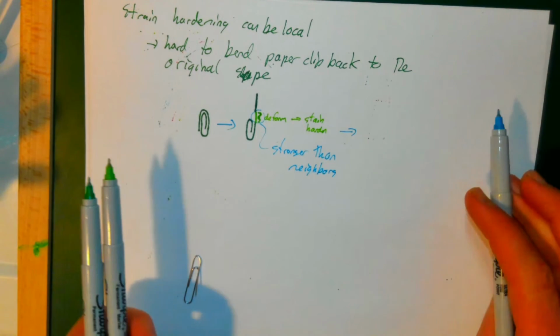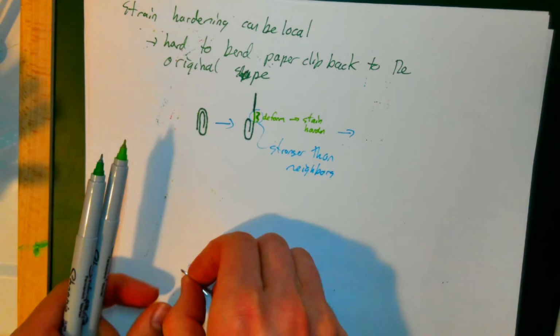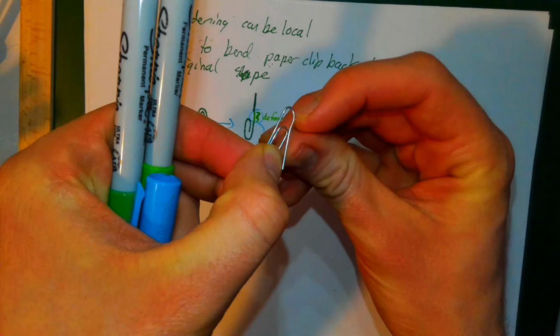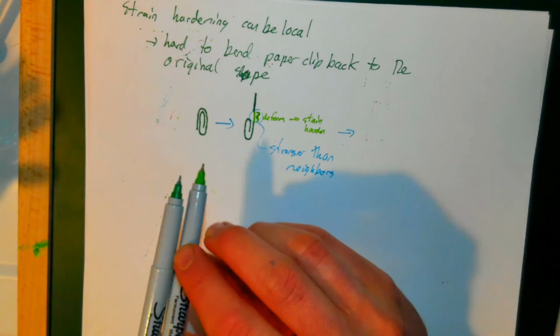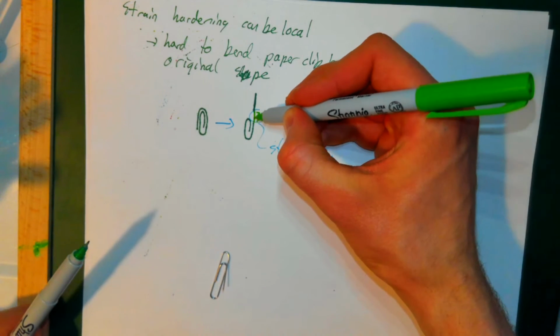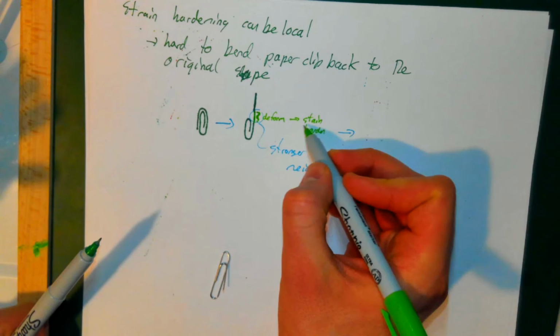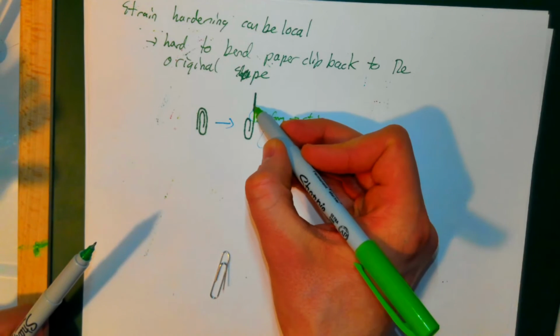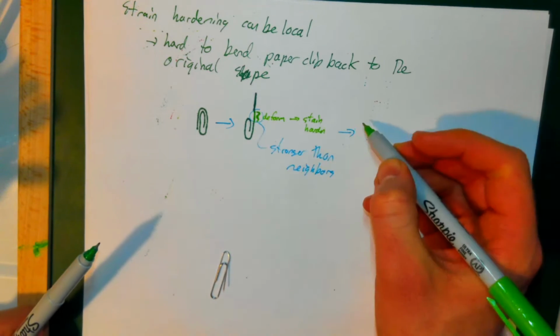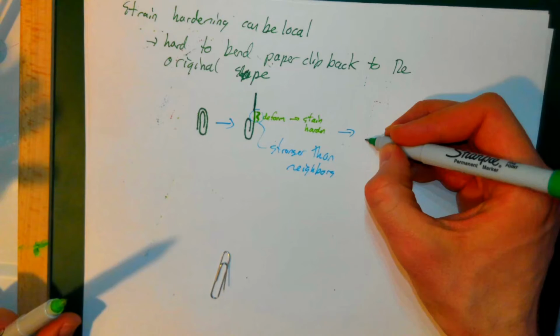And if this part is stronger than its neighbors, you can see now how this is this sort of goofy straightened out shape. So when I went to bend it back, this green part wants to stay straight. I strain hardened it, and now it's stronger than its neighbors, and it wants to stay straight, so its neighbors actually deform when I try to bend it back in the original shape.